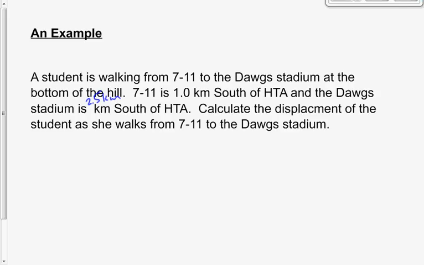It doesn't really matter though, because both of these are to the south, it might make sense to define south as positive. Do whatever you want, but because everything is to the south, we'll make south positive. If something was north and something was south, we'd almost always make the north positive and the south negative.